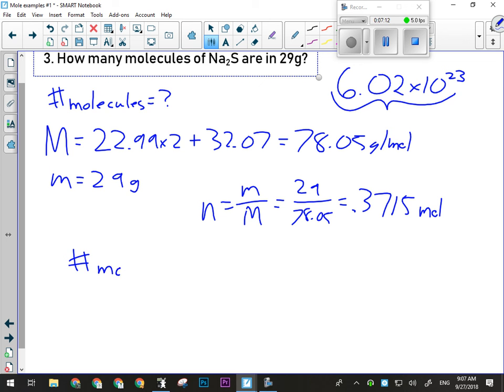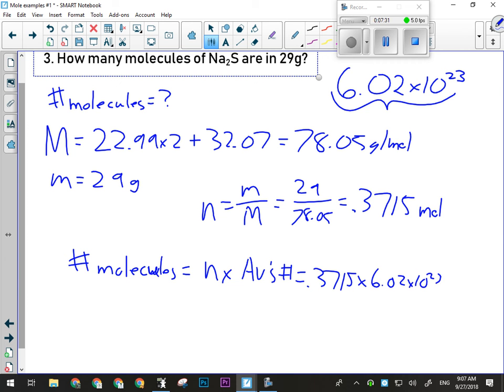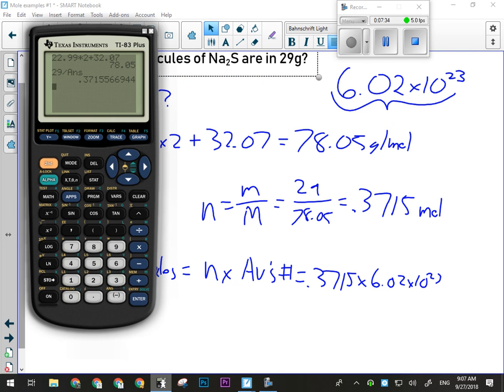So number of molecules, that's supposed to be a U. Molecules equals N times Avogadro's number, which will be 0.3715 times 6.02 times 10 to the 23. And remember, we have to enter that into our calculators correctly. So we're going to take that number there.